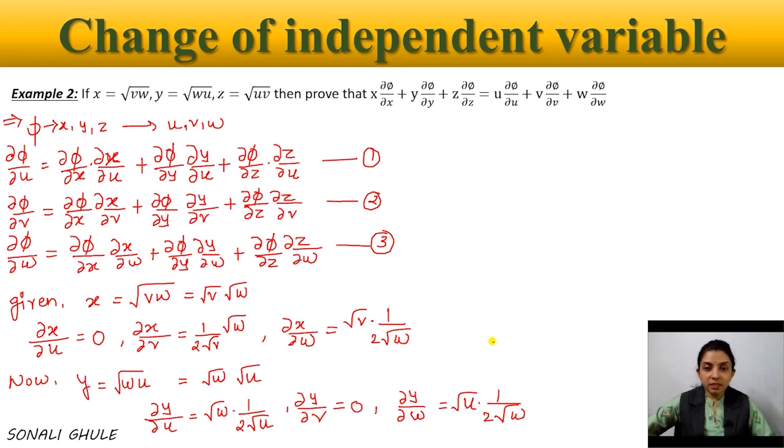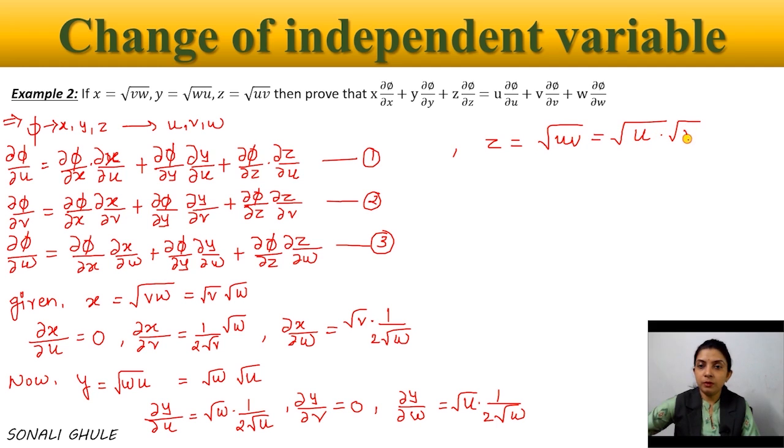Okay. Similarly, here for the third value, z equals root uv. So I can write root u into root v. Now finding all the derivatives of z, first of all find the derivative of z with respect to u. So root v is constant and the derivative of root u is 1 upon 2 root u.